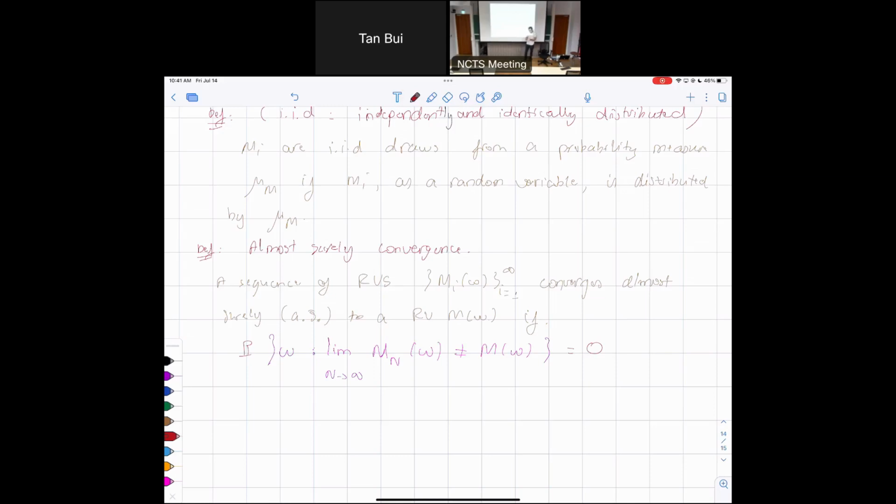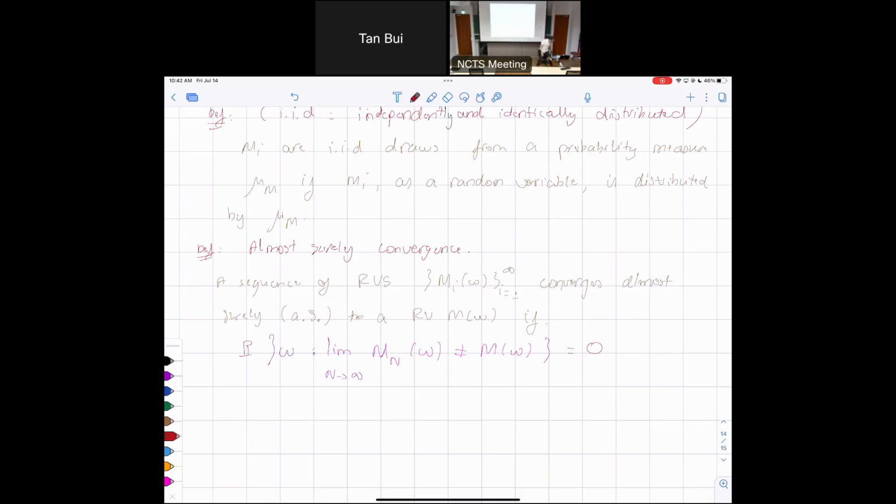So when probability people do this, they cast it into something actually more intuitive: almost surely converge. Almost everywhere sounds very mathematical, but almost surely means with probability 1.